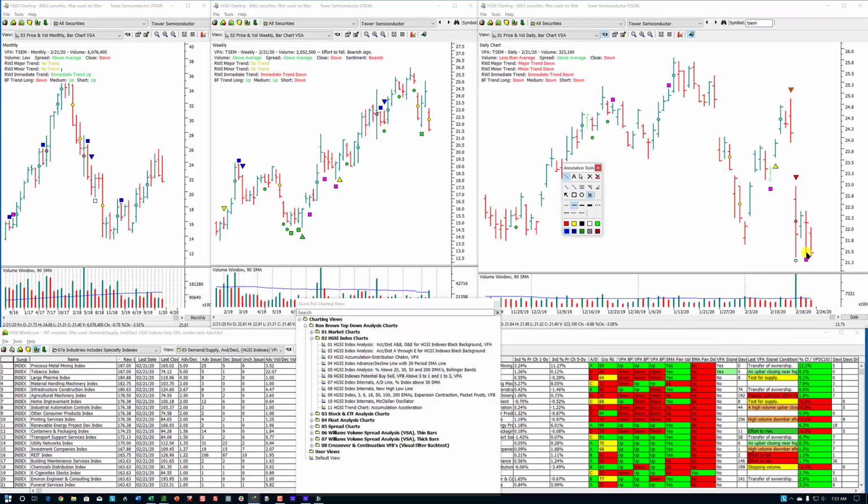If I were considering taking this trade, I would start down here at the low, and if I took it up to the high of the prior day, it tells me that my risk would be 4.46%.